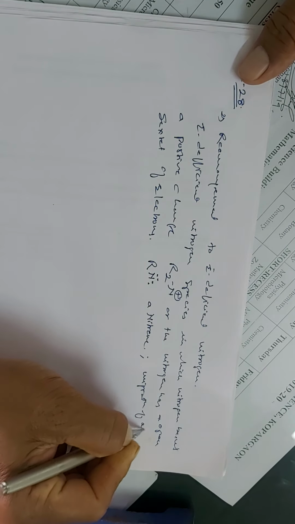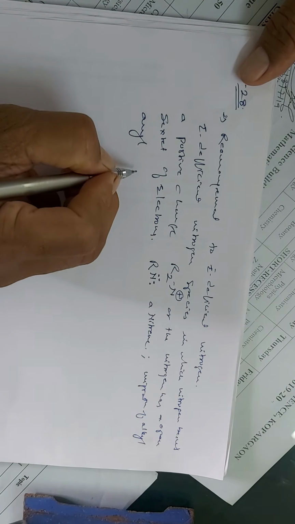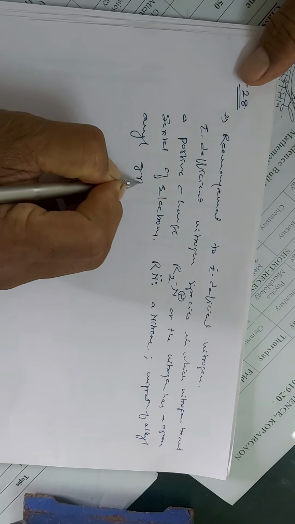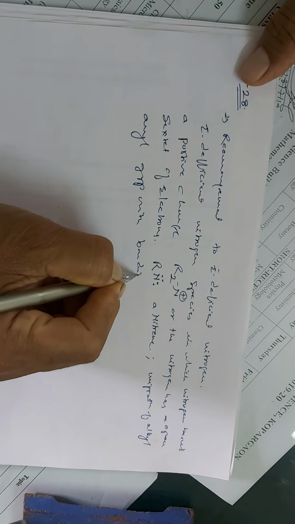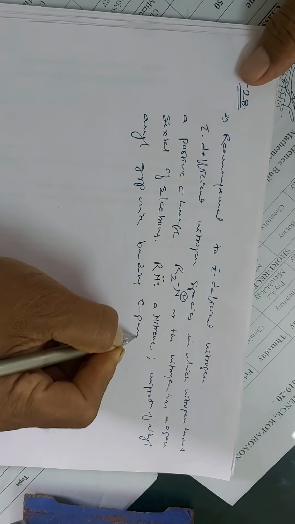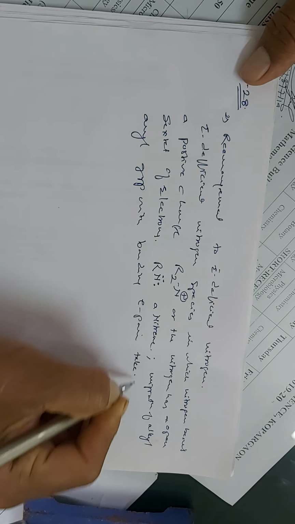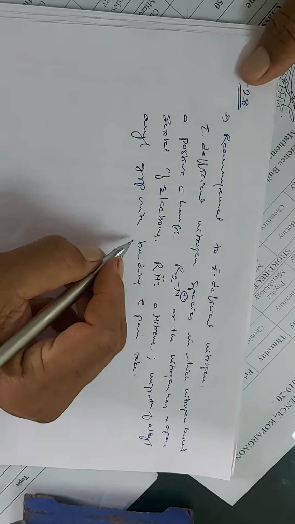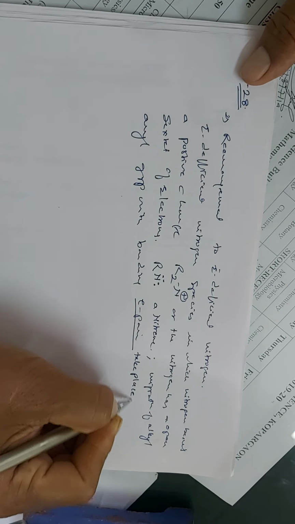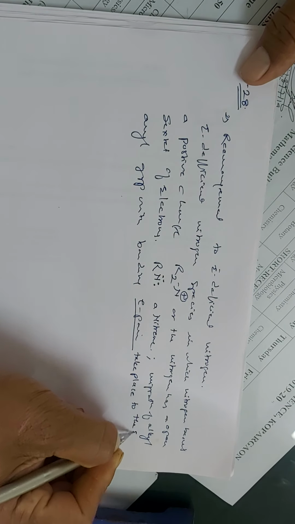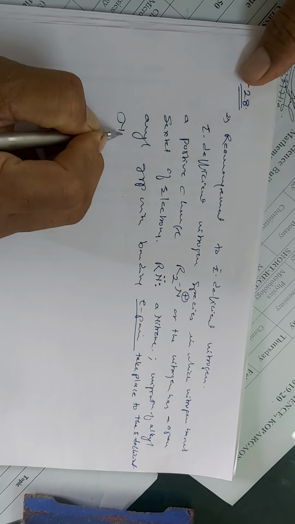And so, like in the case of electron deficient carbons, migration of an alkyl or aryl group with the bonding electron pair takes place to the electron deficient nitrogen.